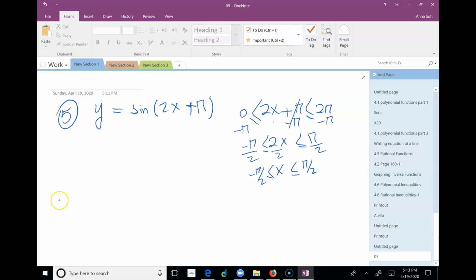Amplitude is 1. So once you go graphing this one, you start from -pi/2 all the way to pi/2. Half of -pi/2 to pi/2 is 0. Half of that is pi/4. Half of that is -pi/4.